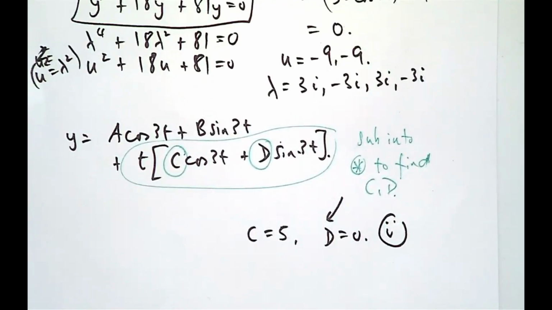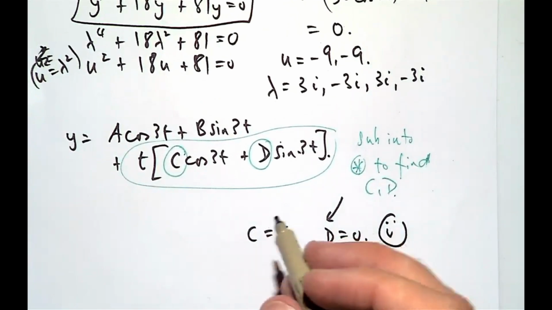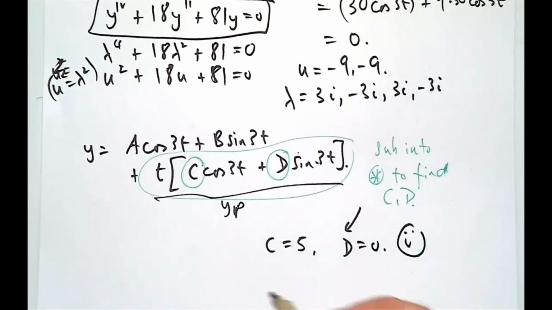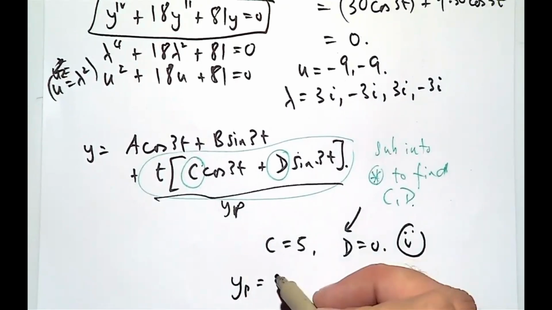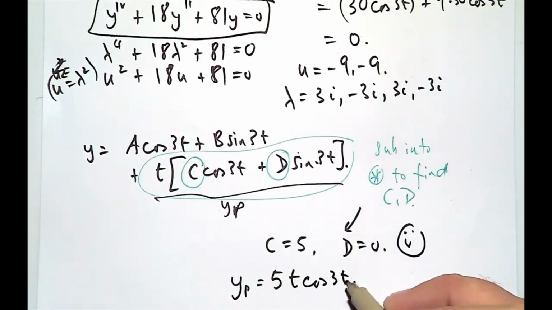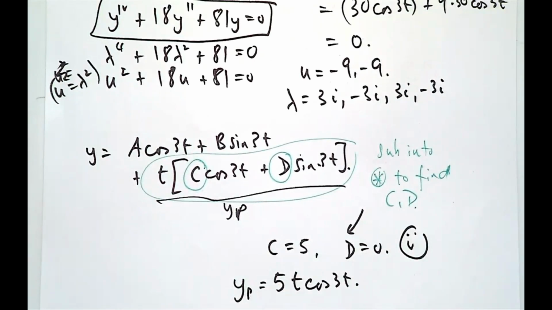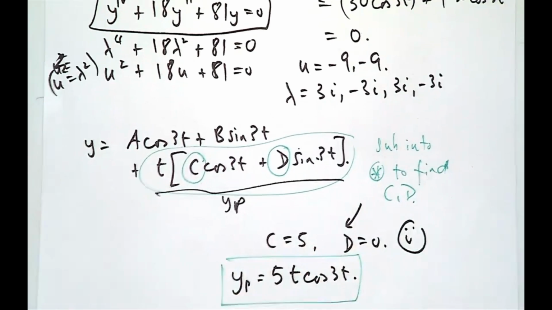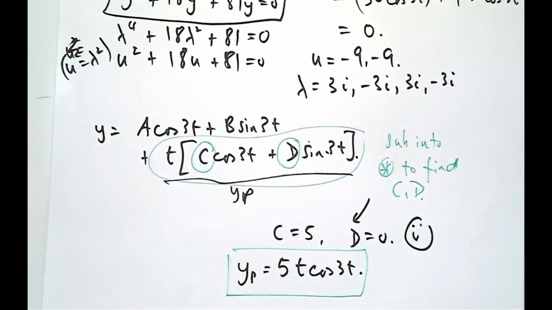All right, so what's the format of the particulars? Here's y sub p, by the way. Okay, so y sub p is going to be 5t cos 3t. Okay, I've left out some of the algebra, but that's the answer. Okay.